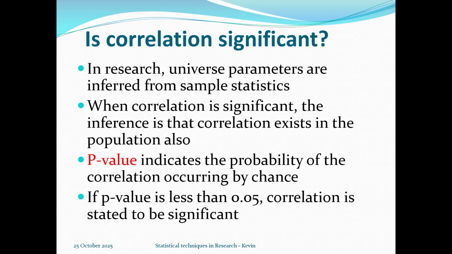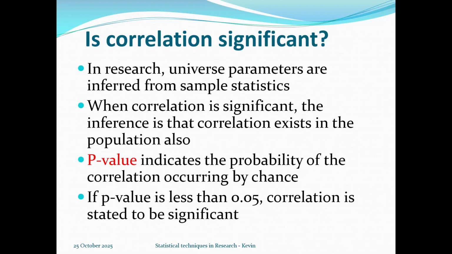So this concept you have to understand very clearly. We are taking a sample, finding out the correlation, and the software will give you the p-value also. Based on the p-value, we decide whether this correlation is applicable to the population or not. For that, the p-value should be less than 0.05.